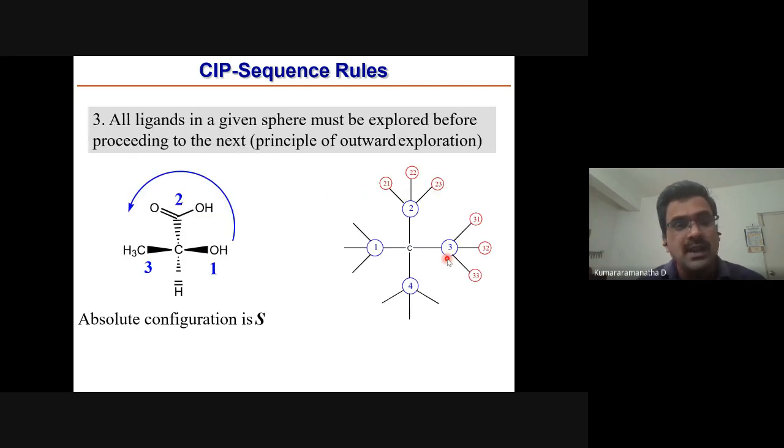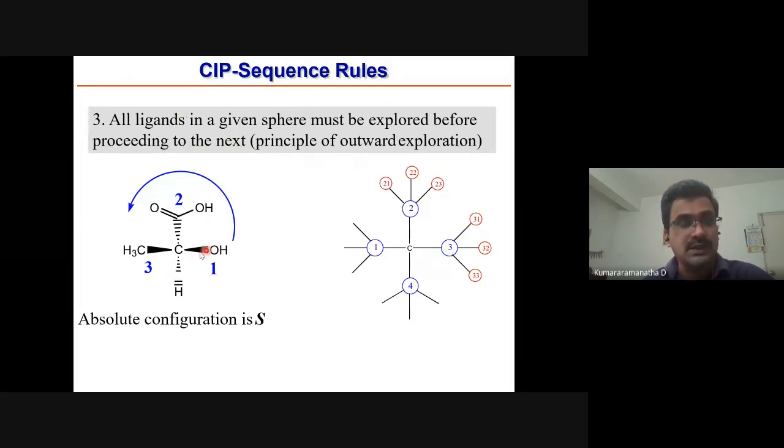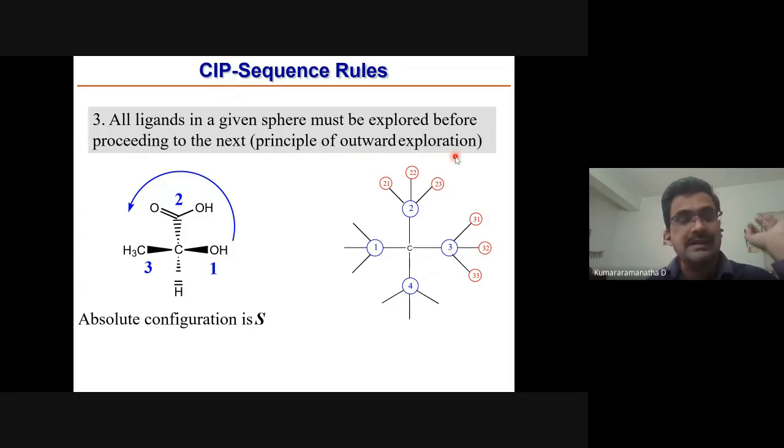Now, if you have something like OH, CH2OH, or COOH and a methyl group, in this case all the ligands in the given sphere should be explored first before going to the inner sphere. That is, you should follow the principle of outward exploration. Now what exactly is this?